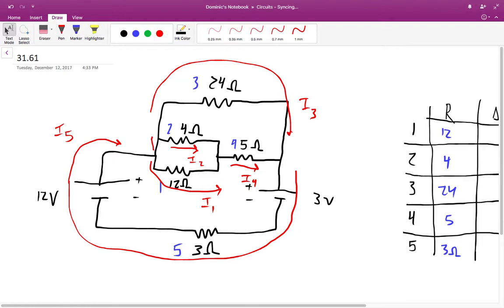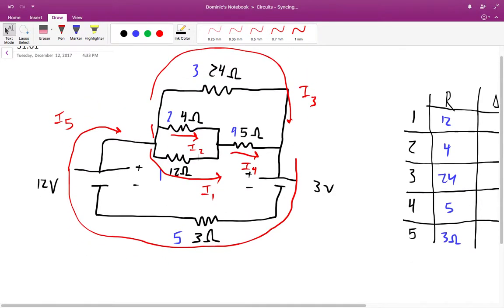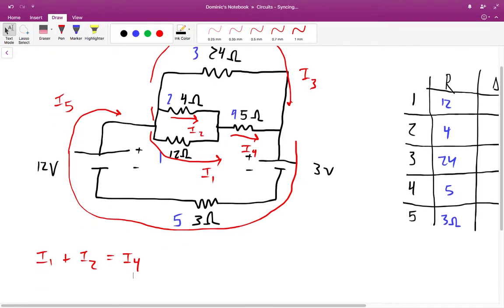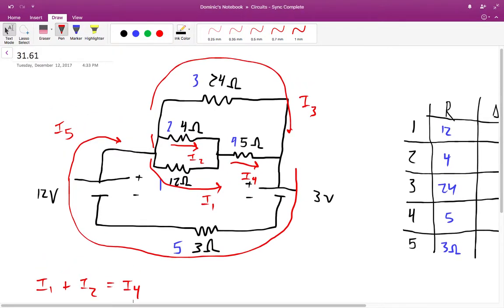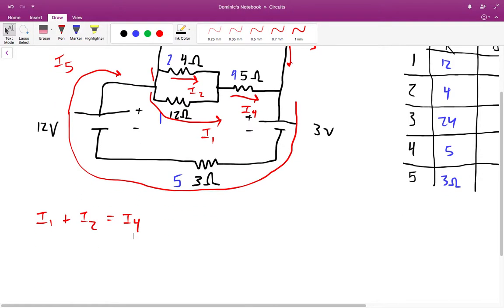And there's a couple of relationships that I can see after doing that work. One of them, for example: if I take I1 and add that to I2, that needs to equal I4. And then I also see that if I take I4 and add it to I3, I should get I5.